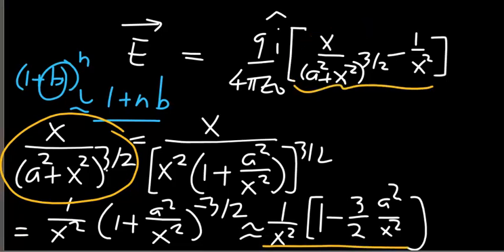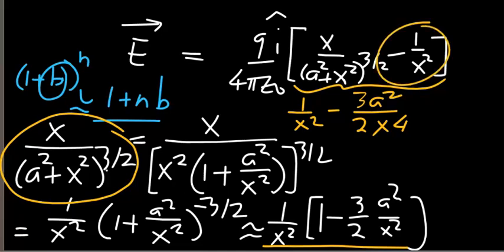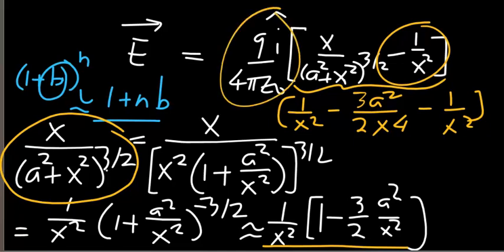So the term in the square bracket will become 1 over x squared, that is this term, minus 3a squared over 2 times x to the power 4, and then you have that term minus 1 over x squared times all the constant.